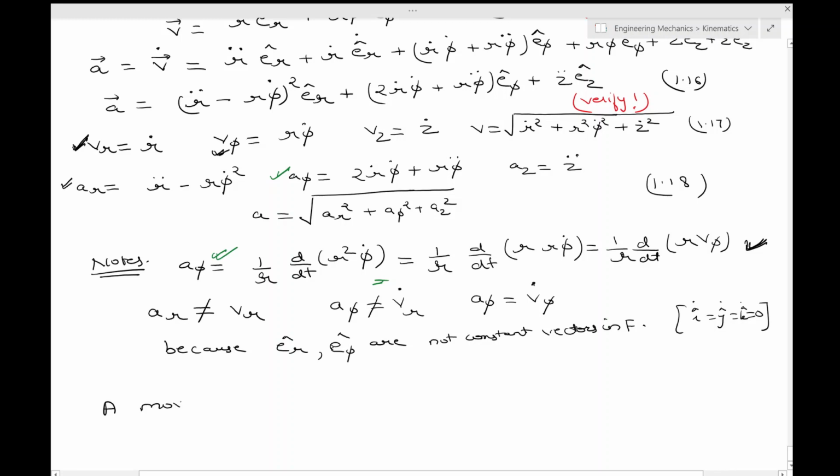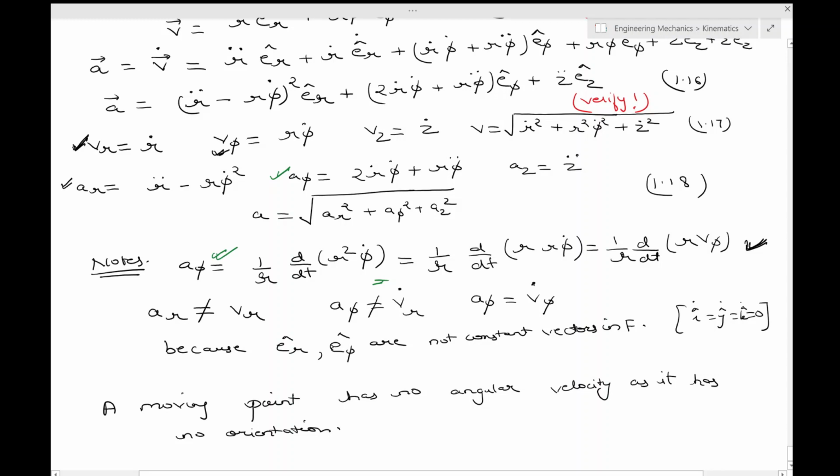A moving point has no angular velocity as it has no orientation.